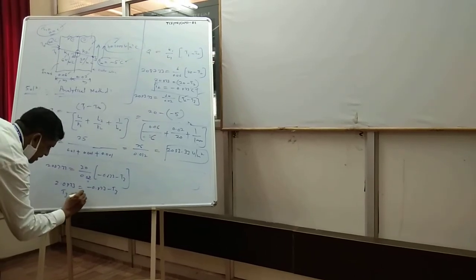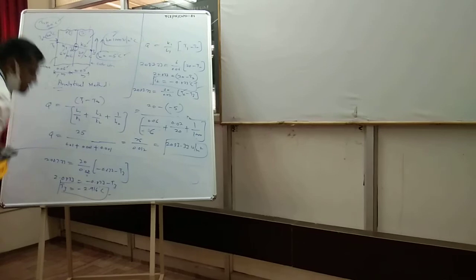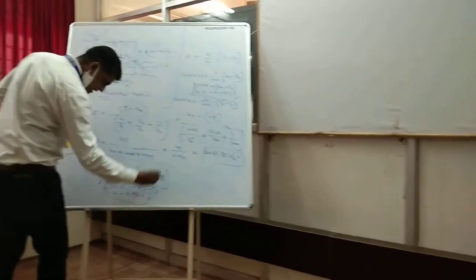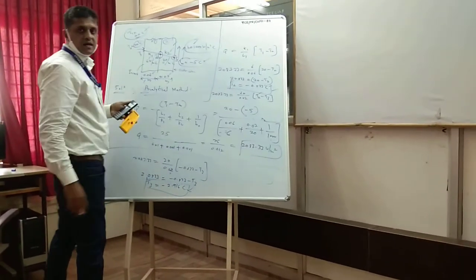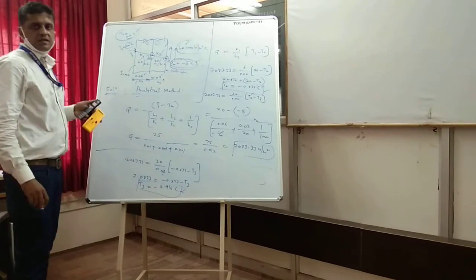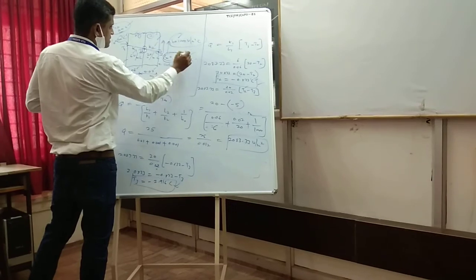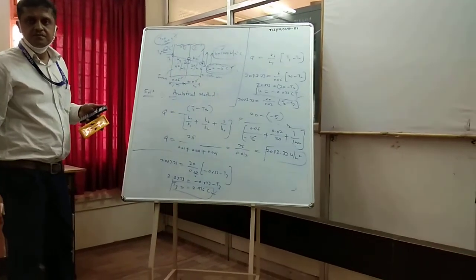We got minus 2.916 degrees Celsius, which is the same as the outside wall temperature we got using the finite element method, and last the ambient temperature is minus 5. This is how the temperature is going to vary from the inside surface 20 degrees Celsius to ambient minus 5 degrees Celsius. This is the temperature distribution.